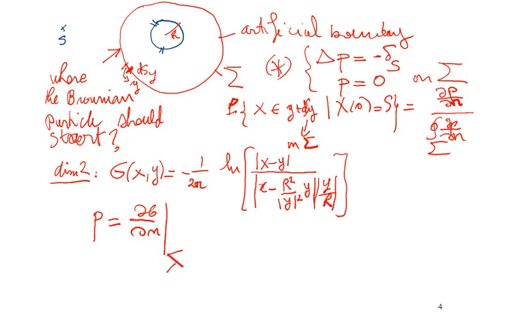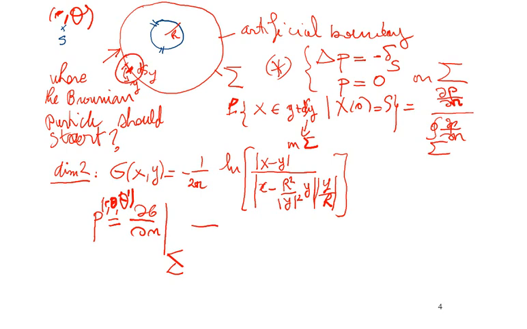If we use the coordinates r, theta, and theta prime, what is this coordinate system? r and theta are the coordinates of this point, S, and theta prime is the coordinate of the point y.